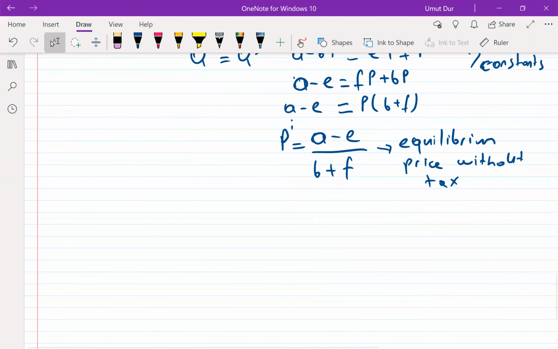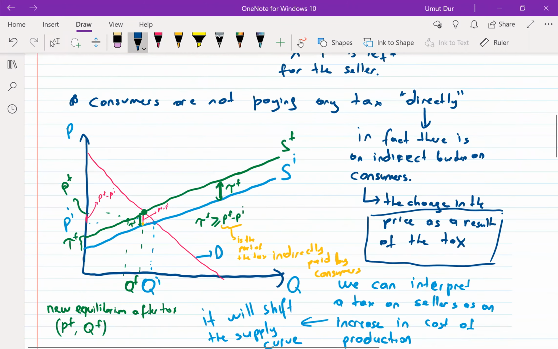Then let's say that we have a tax amount here. The tax that is charged is equal to tau, and we are also interested in the equilibrium. Remember the figure that we have drawn here.